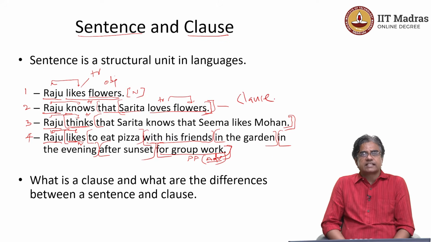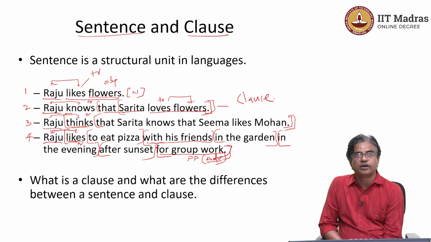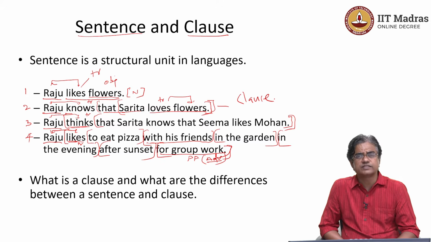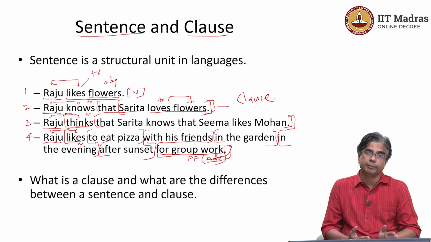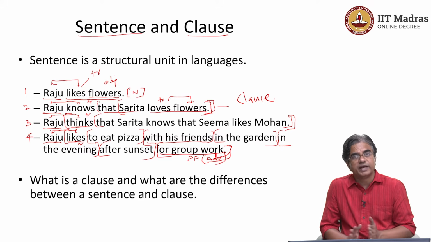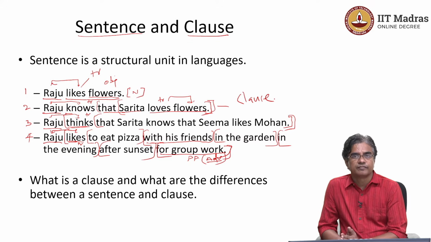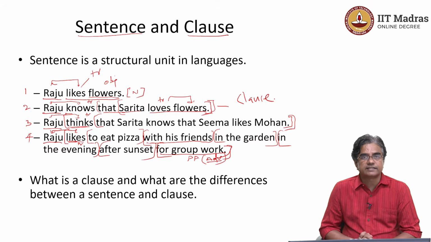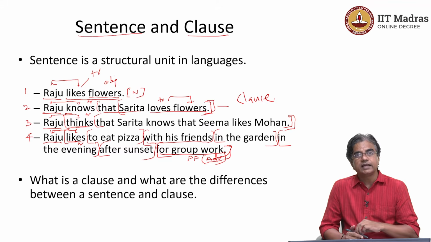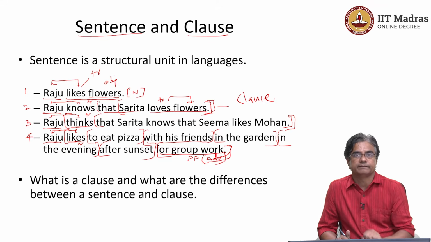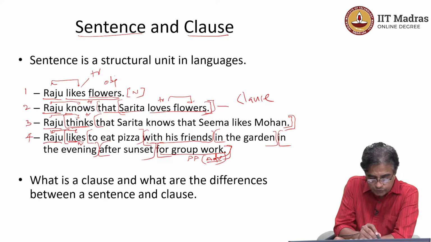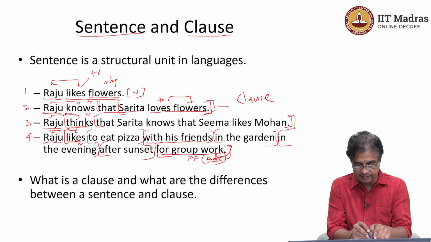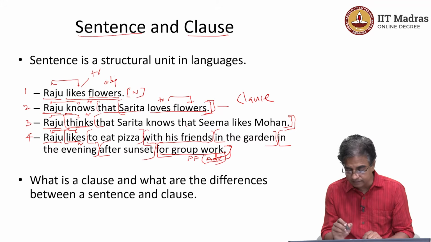So if we extend the larger meaning of the clause, we can say a sentence is also basically a clause, as long as we understand the difference between the main clause and the embedded clause, the matrix clause and the subordinate clause. Once we understand this, it's fine. Now, if you look at the third sentence, then you see embedding within embedding. Here, Raju thinks, so this verb think has the object, which is the whole sentence: that Sarita knows that Seema likes Mohan.